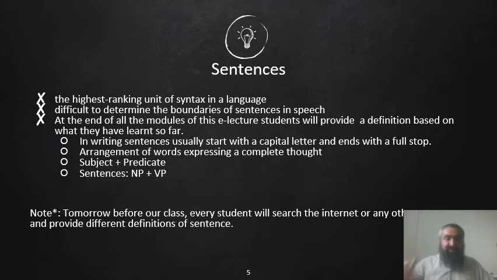Another, or the last definition, which has been provided by Professor Noam Chomsky, is that a sentence is the sum of a noun phrase and a verb phrase. We can see that a sentence constitutes a noun phrase and a verb phrase. A noun phrase can have a determiner followed by a noun. It can also have a personal pronoun.